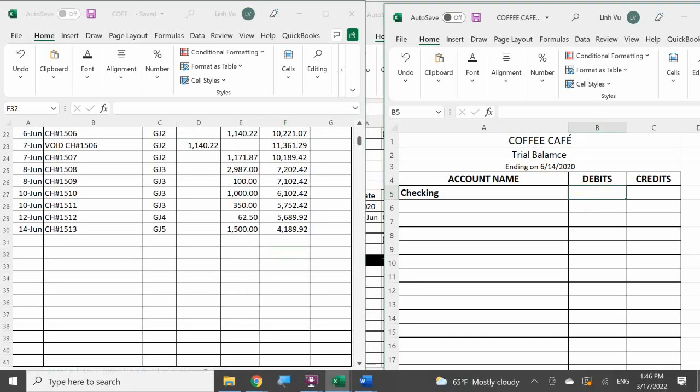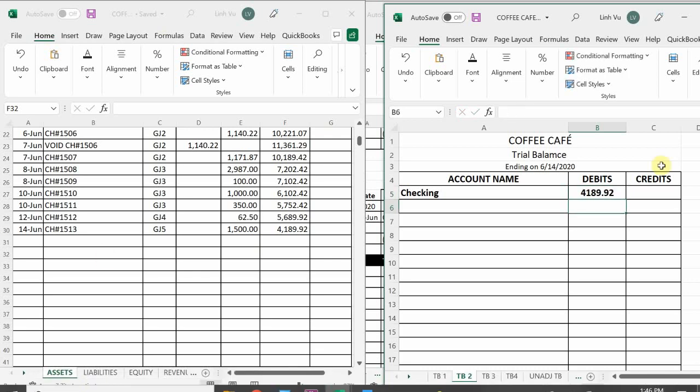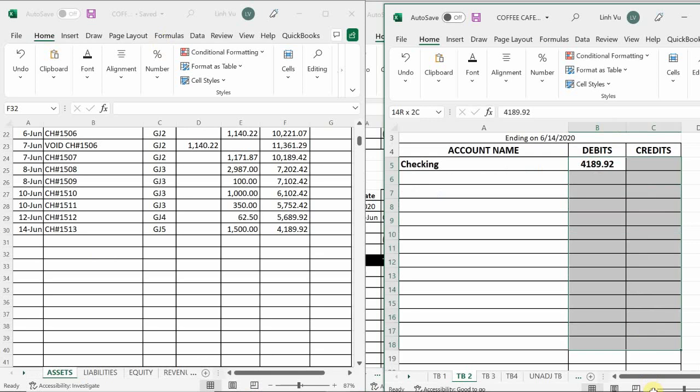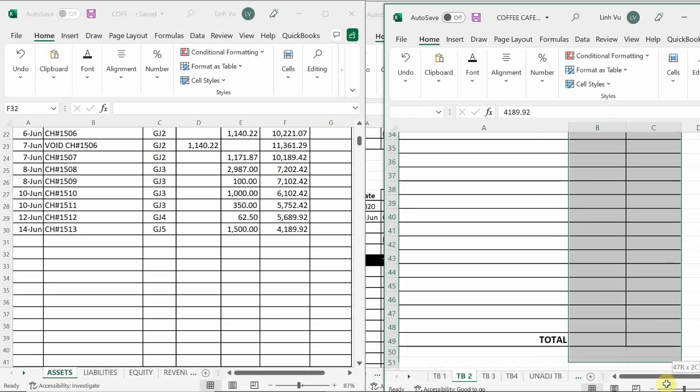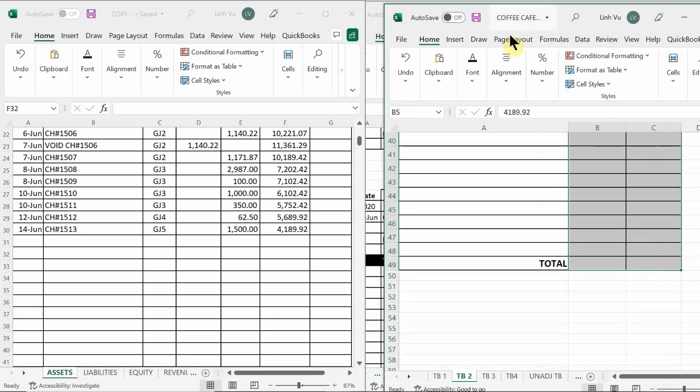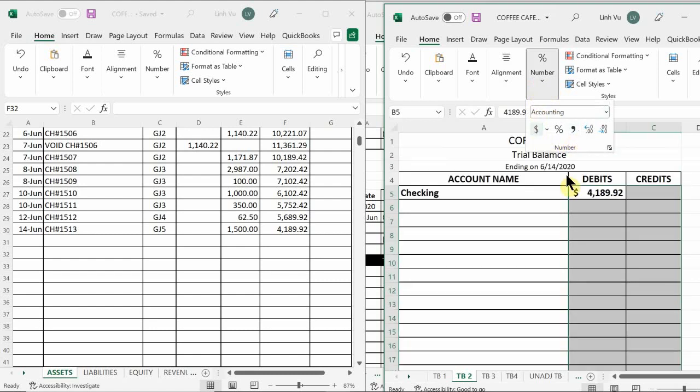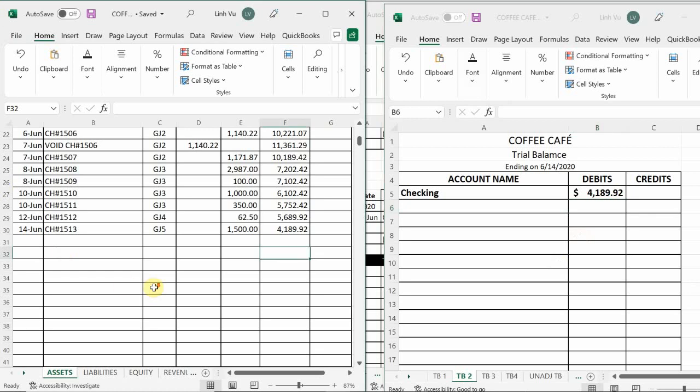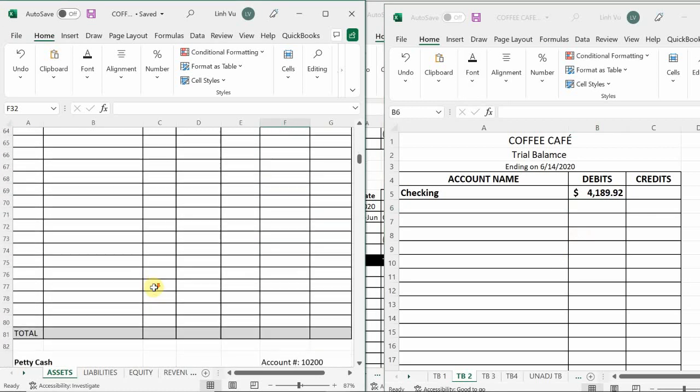Yep, so right now I'm at $4,189.92. Okay, format it how you like, if you prefer accounting style, comma style, so you know that these are all in dollar amounts. So I have $4,189.92 in my checking account. Right? Let's keep moving on.